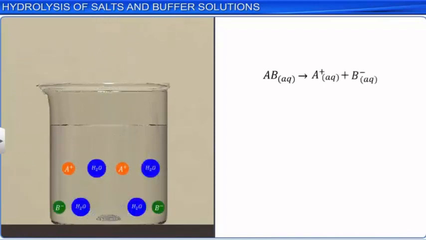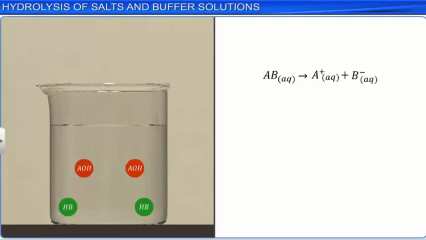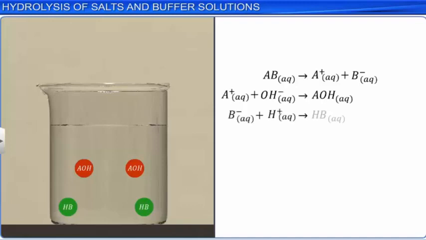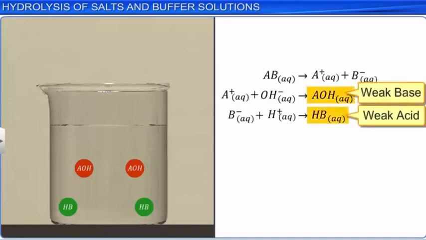The cations or anions formed on ionization react with water and produce weak acids or weak bases, or both. As a result, the pH of the solution is affected.